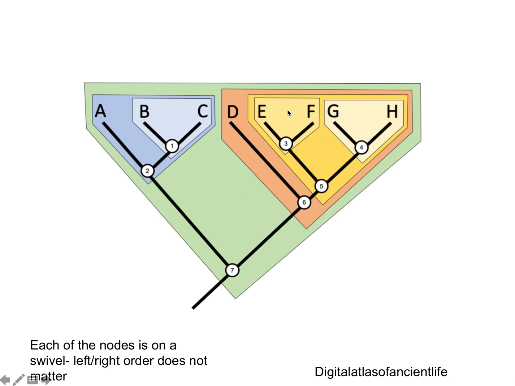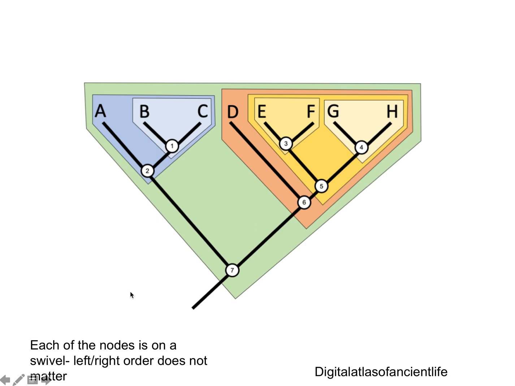And then E and F more closely related to G and H than they are to D, because their common ancestor species at this node is sooner, not as distant in time as the node that branched off D. So these four are more closely related to each other than any of them are to D.